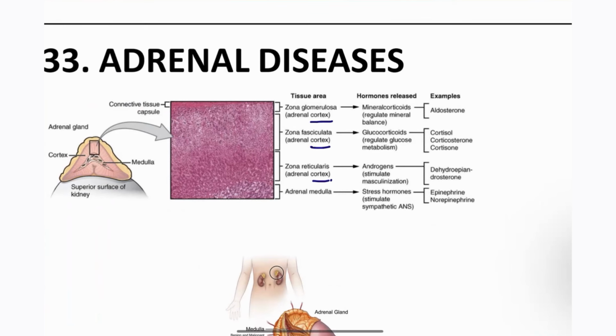Glomerulosa produces the mineralocorticoids like aldosterone, and zona fasciculata produces the glucocorticoids like cortisol and cortisone. Next, for the androgens, dihydrotestosterone and other androgens will be produced here. Next, the stress hormones are present in the medulla. Sympathetic activity like catecholamines, epinephrine and norepinephrine will be seen.